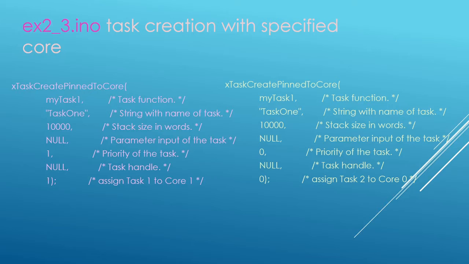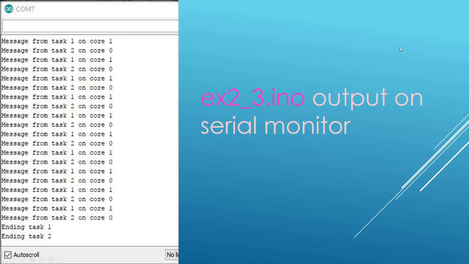The cores are core 0 and 1. So if you put 1 in here, it means that you want your task to execute on core 1, and this task is on core 0. So now I have two tasks that execute from two different cores.